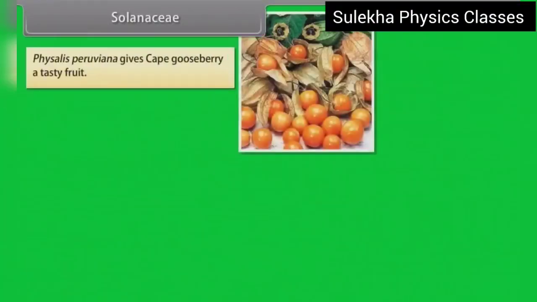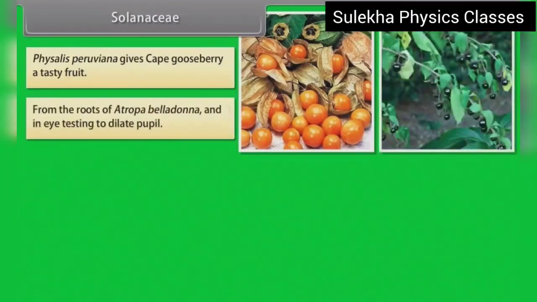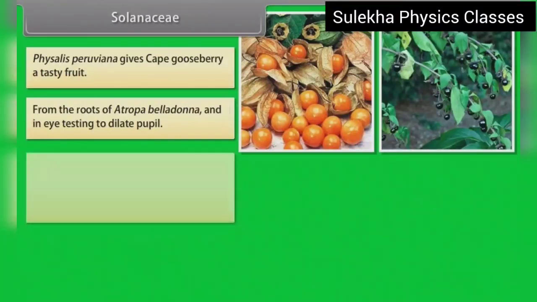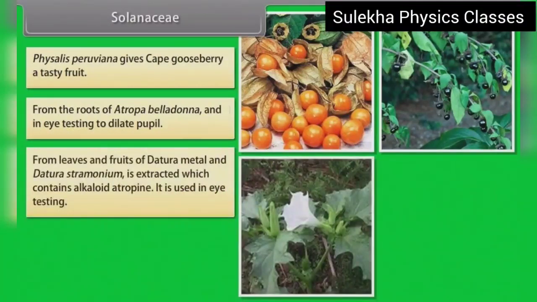Physalis peruviana gives Cape gooseberry, a tasty fruit. From the roots of Atropa belladonna, atropine is obtained, used in eye testing to dilate the pupil. From leaves and fruits of Datura metel and Datura stramonium is extracted an alkaloid, atropine.